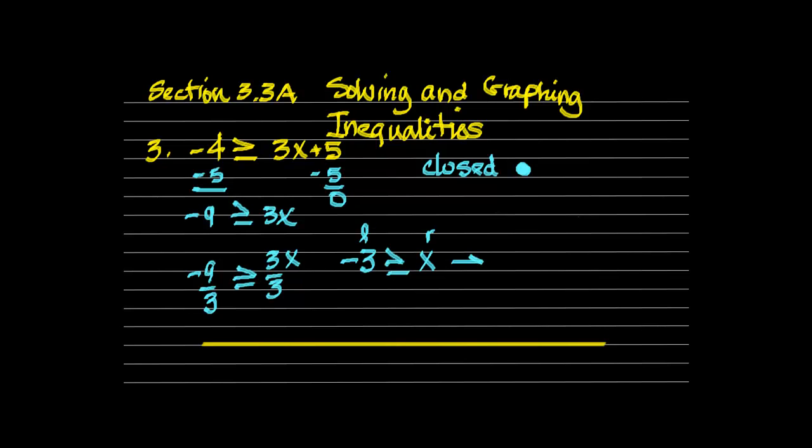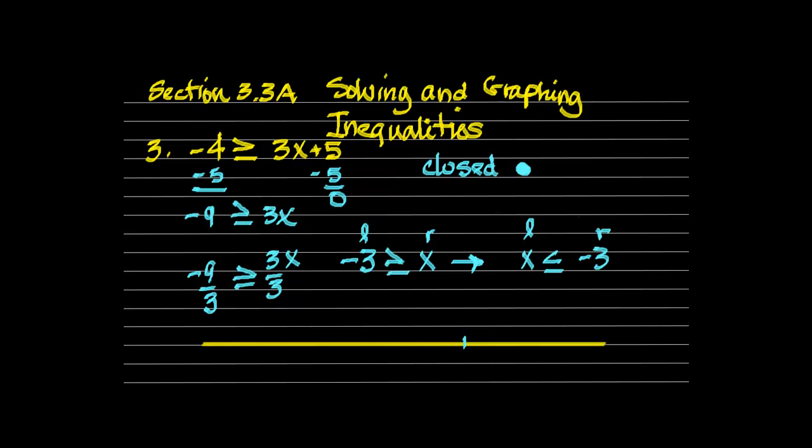I don't want it that way. So I'm going to rewrite this. I'm going to put the x to the left, the number to the right, and if we look here, the inequality is pointing towards x. So I'll point the inequality towards x. So there's my rewrite. Now I can see that the x is on the left, the number's on the right, so this will point me towards my shading.